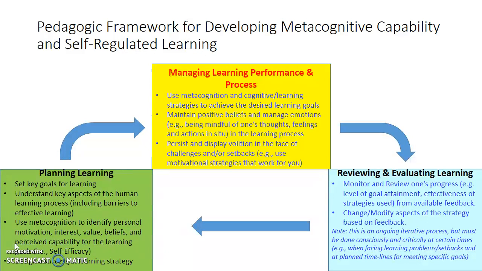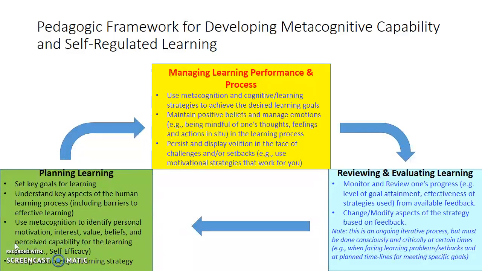So invariably, remember, in being a self-regulated learner, you've got to be able to plan the learning, set the key goals. We know about that. If you went through episode 2, you'll know a fair bit about the human learning process and the barriers to learning, and to be able to use metacognition, this unique human capability to manage yourself.